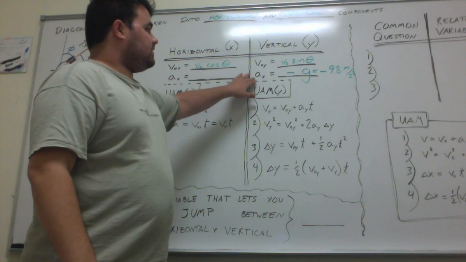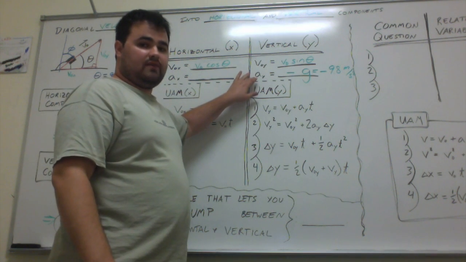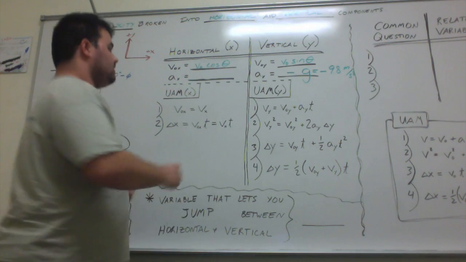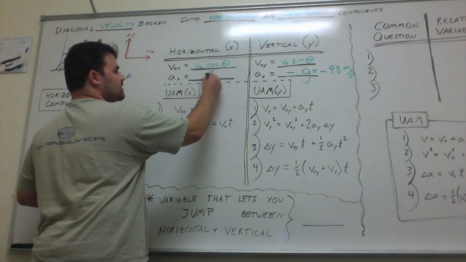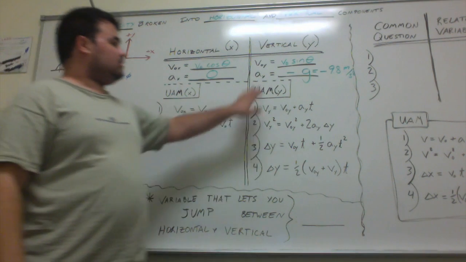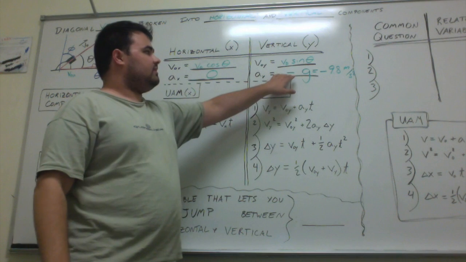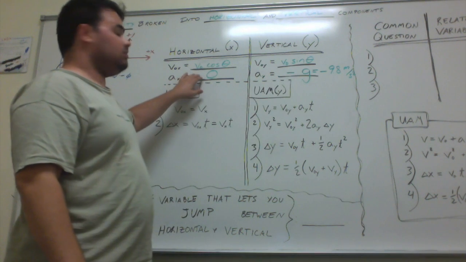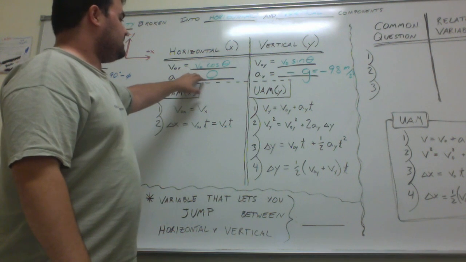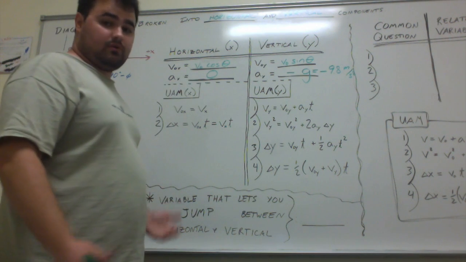Because the only acceleration on our object is due to gravity, and that's completely in the vertical, there is no acceleration in the horizontal. All our acceleration is in the vertical, gravity, negative g, none of it is in the horizontal. The nice thing about this is it actually simplifies some of our equations.